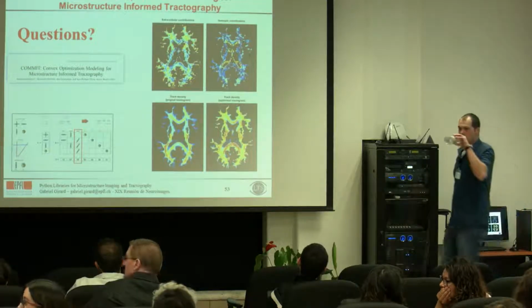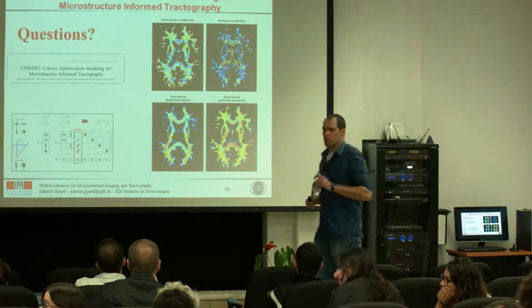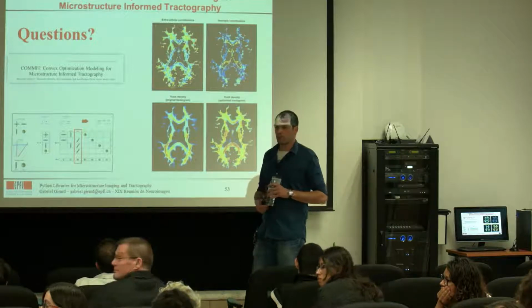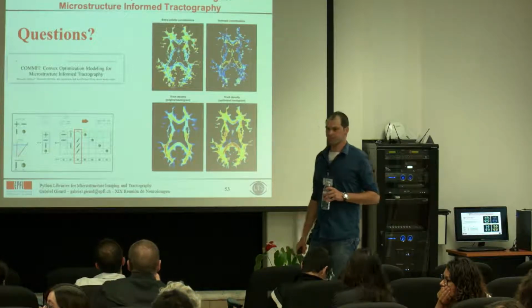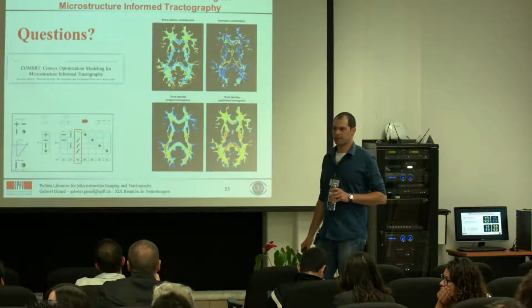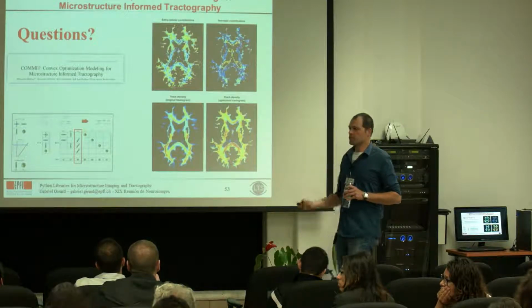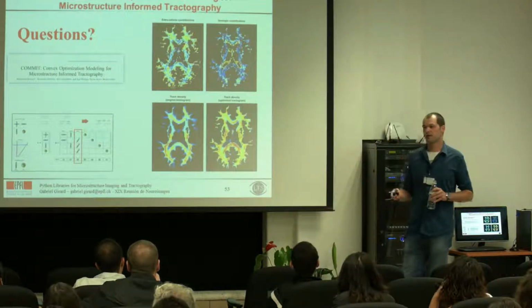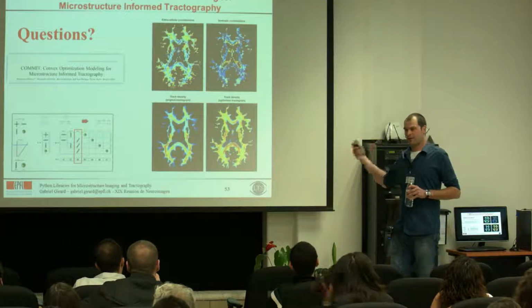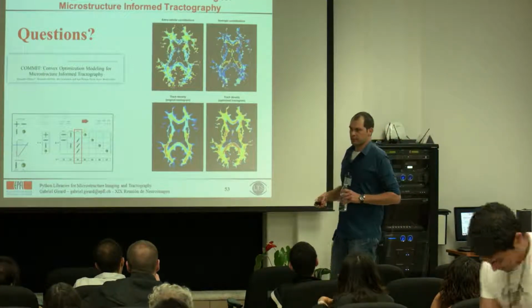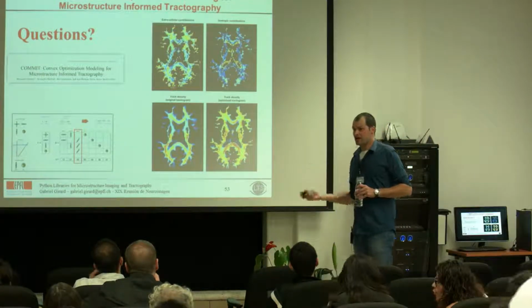Is there a specific limit in the data that you can feed to COMMIT? Mm-hmm. Do you need a certain number of shells, directions, something? For instance, if you want to fit diameters, you will need multiple shells at very high b-values and high gradient.